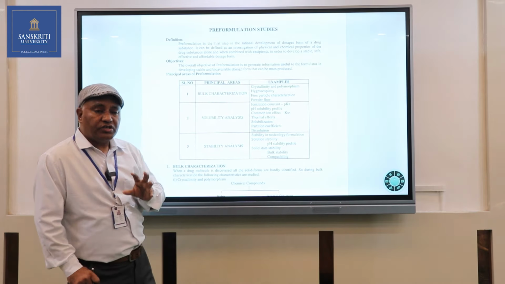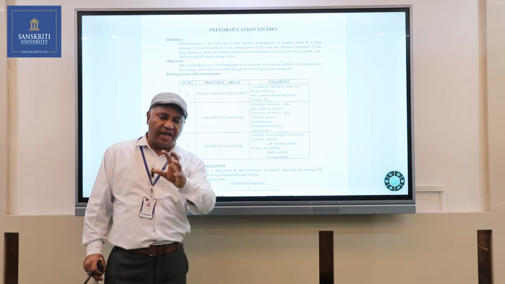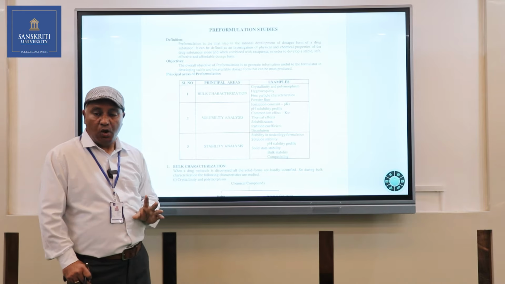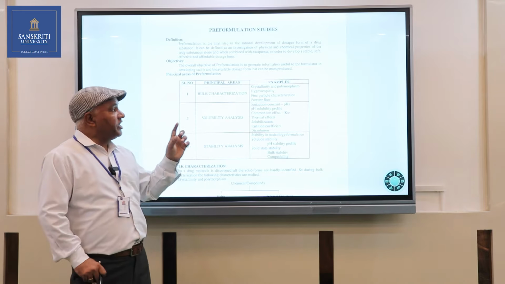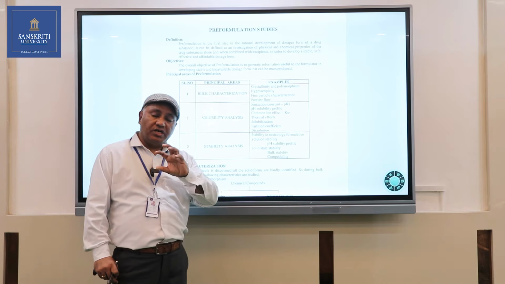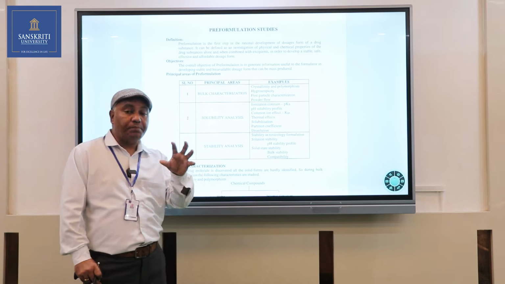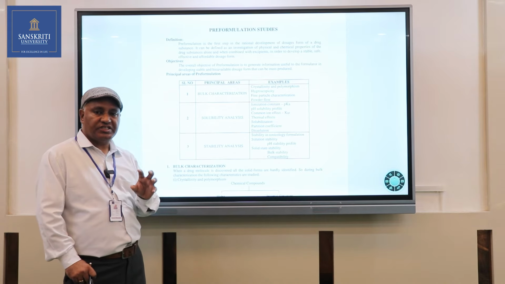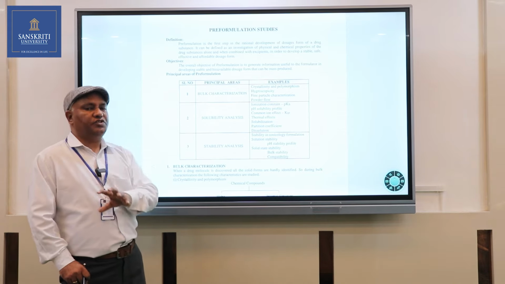Amorphous drugs have higher solubility in comparison to crystalline drugs. Why is it so? Because in the amorphous form, there is no specific structure of the drug particles, while in crystalline drugs, there is a specific structure.